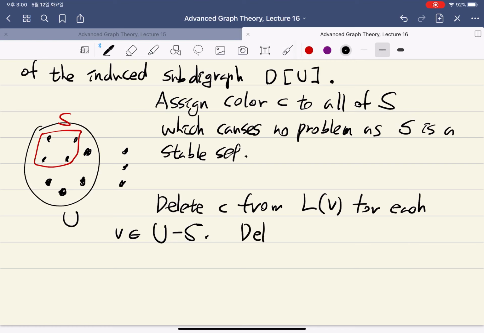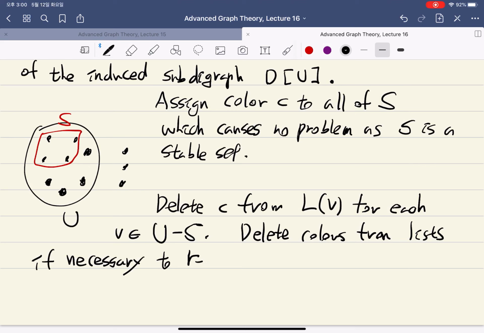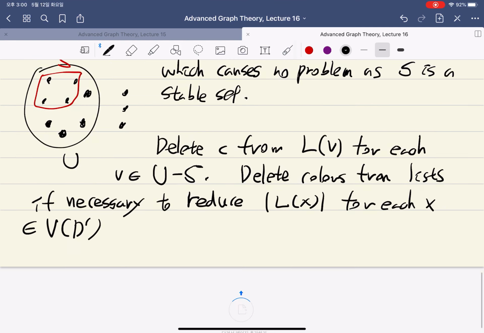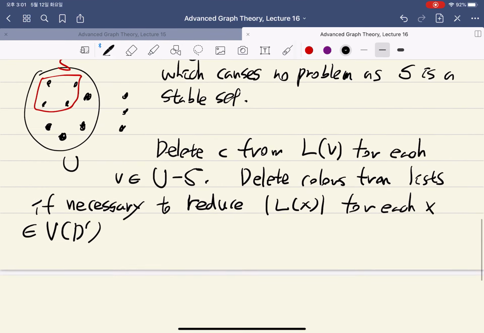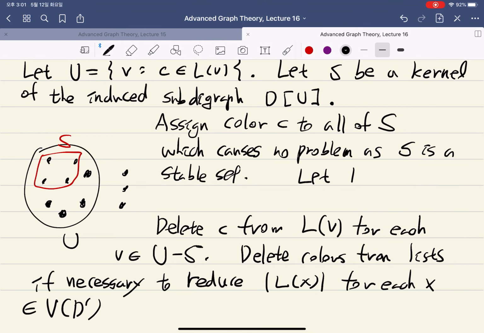And we further delete colors from lists if necessary, to reduce the size of the list for each x in T prime, where let T prime be T minus U. You delete the vertices.